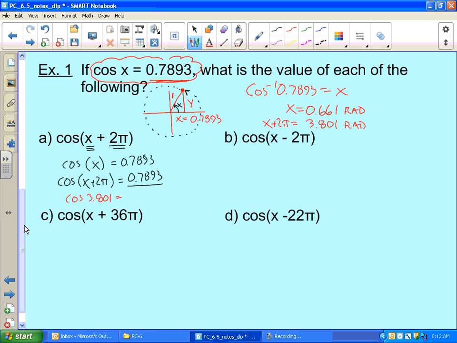Oops, silly me. We don't want to add 3.14, that's not a full rotation. We want to add 2 pi, or 6.28. All right. So we're going to get 6.941. So now let's take the cosine of 6.941, and we should end up with that.